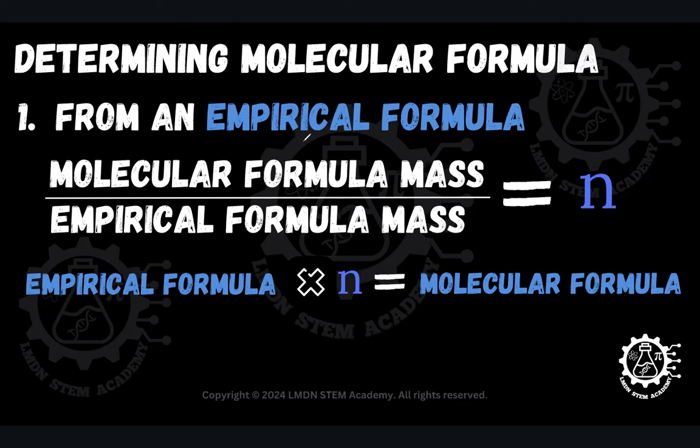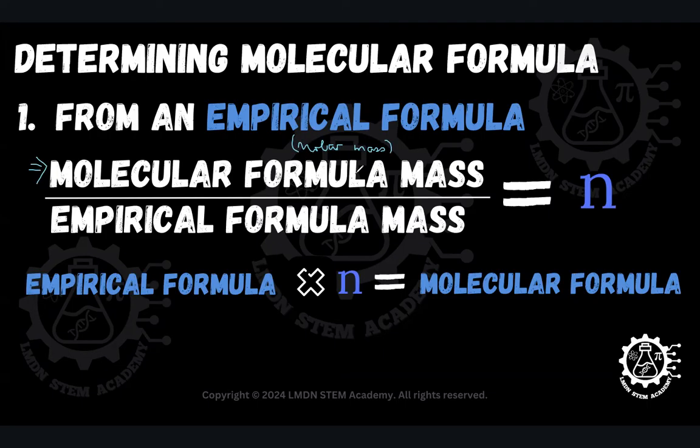But along with that, you'll be given this key piece of information. You'll be given a molecular formula mass of the compound in question, or they might just phrase it as a molar mass. Those two things we can use interchangeably, right? So you'll be given a molar mass of the compound, but you won't be given the molecular formula. So you will have to find that, okay?